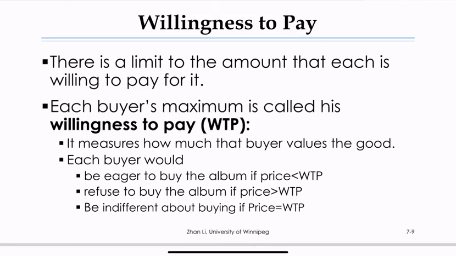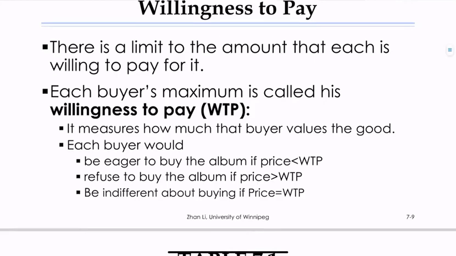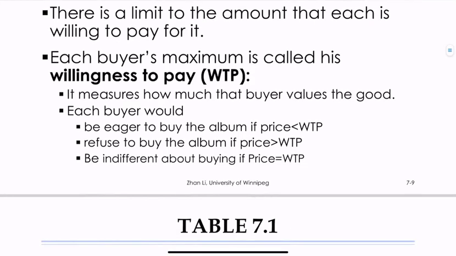So basically, we call each buyer's maximum price his or her willingness to pay, right? So by defining willingness to pay, you can see that if the price is larger than willingness to pay, then this buyer will not buy the album.